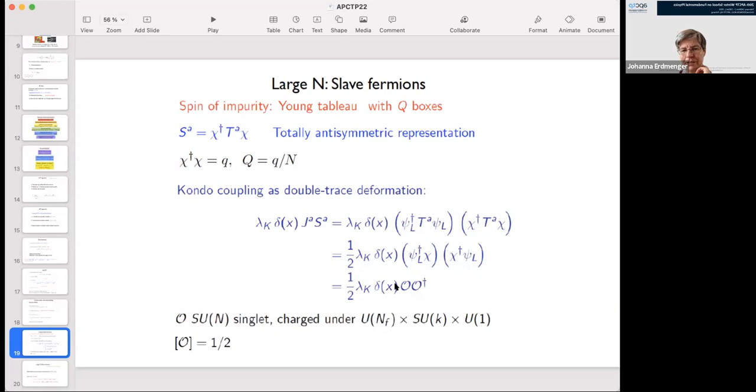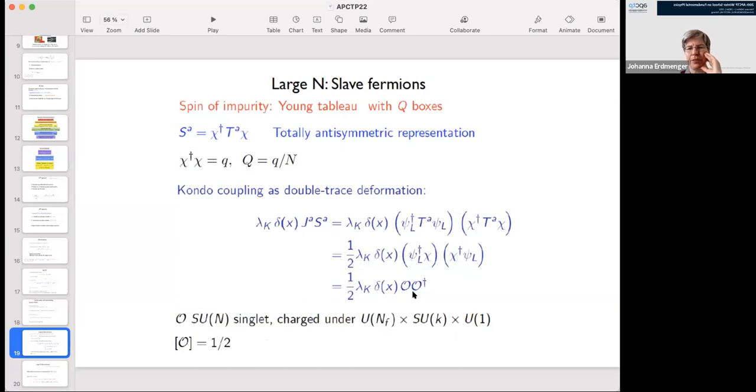This operator O is essentially a bilinear made out of an electron and one of these slave fermions. This is called double trace because each of them is separately invariant under the various symmetries of the problem, and it's a singlet of this SU(N) symmetry while it remains charged under the remaining flavor, level and charge symmetries. What's also important is that the dimension of this field is a half.